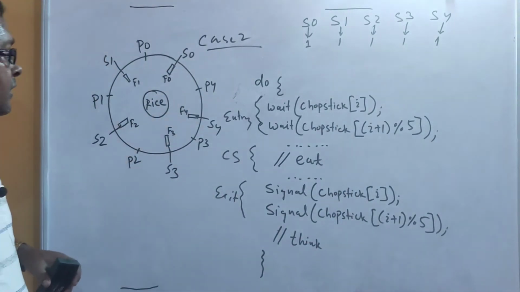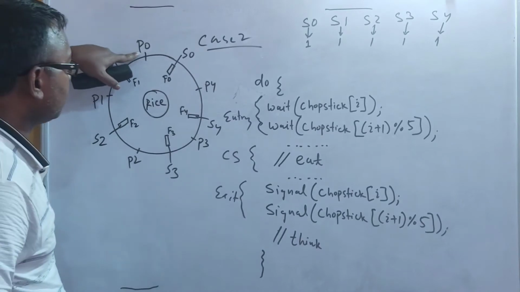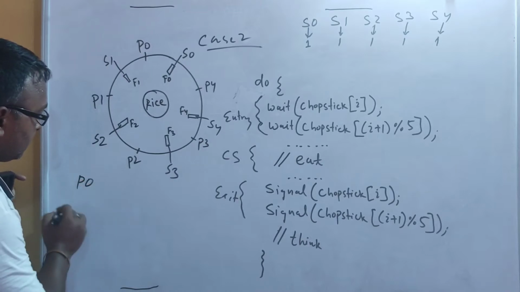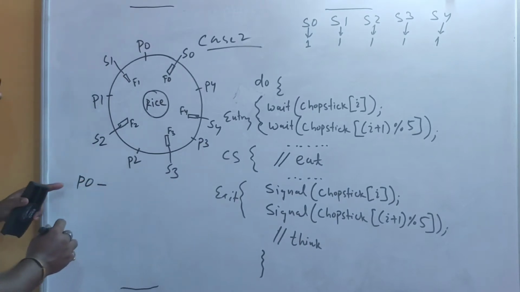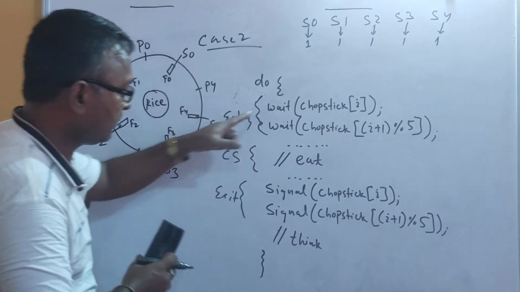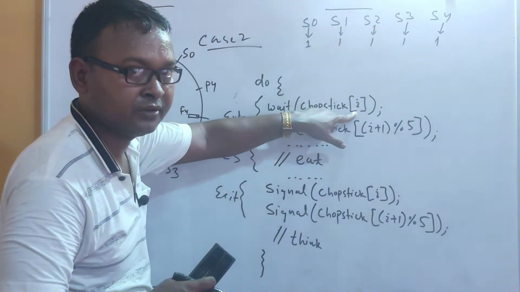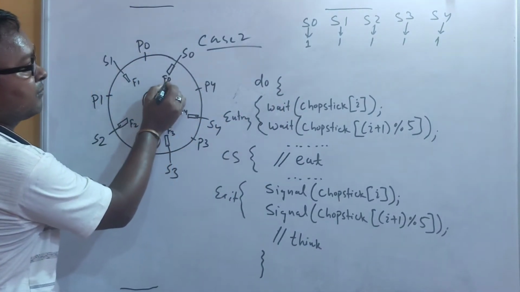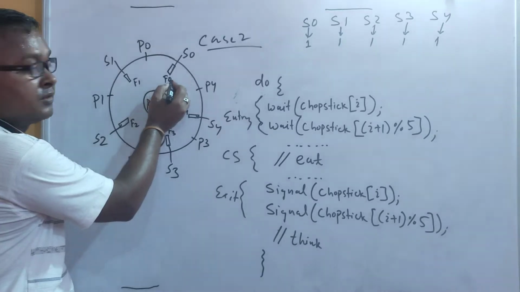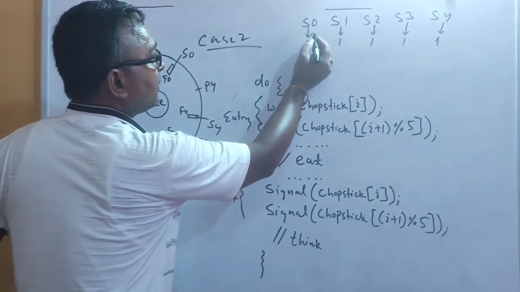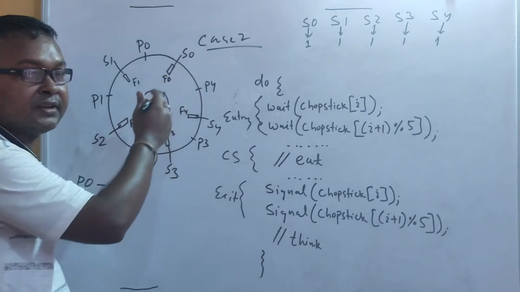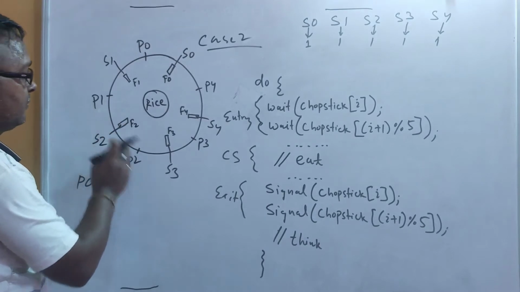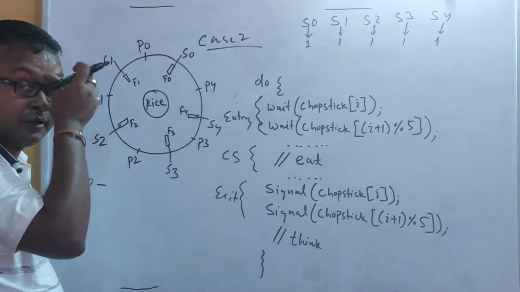Okay, so right now the philosopher P0 wants to eat the rice. Then which semaphore will it execute? Wait, semaphore S0, right? It will execute semaphore S0 for accessing fork F0. I have kept the same index for S1, F1, S2, F2, S3, F3, S4, F4, right?